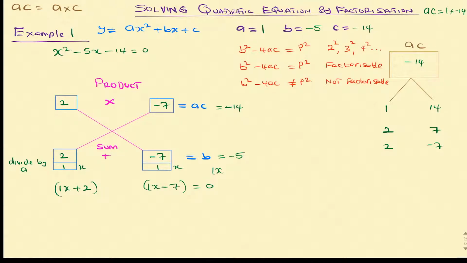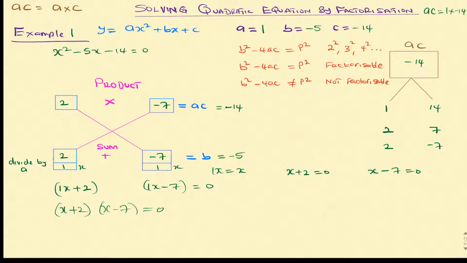But 1x equals x, and therefore our factors will be x plus 2, x minus 7 equal to 0. We then have to set the factors to 0. x plus 2 equal to 0. x minus 7 equal to 0.